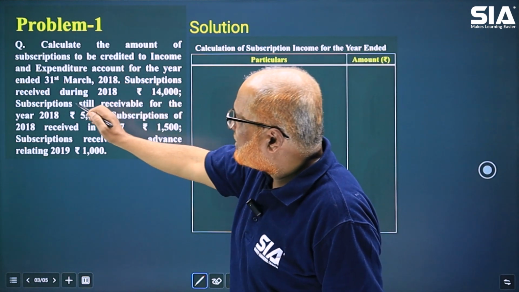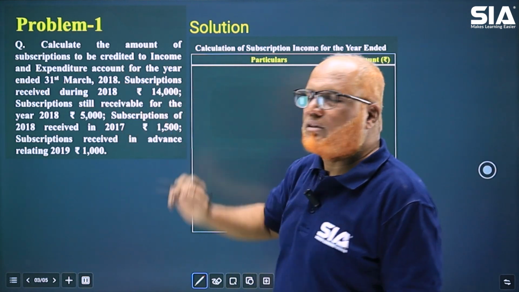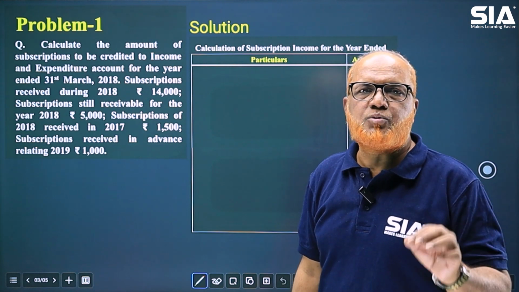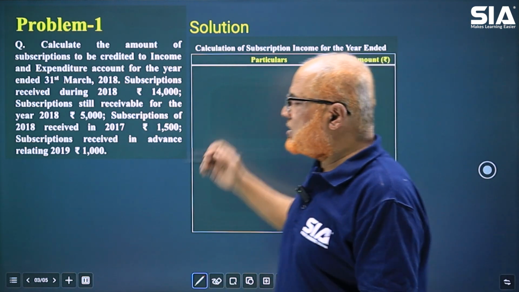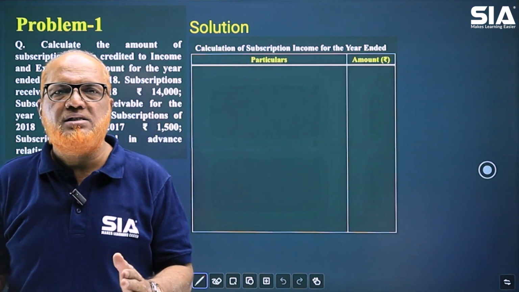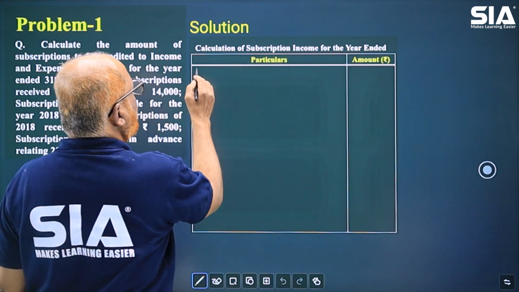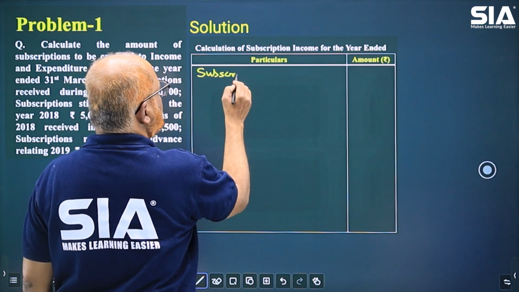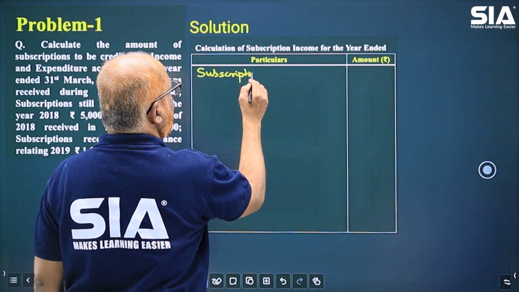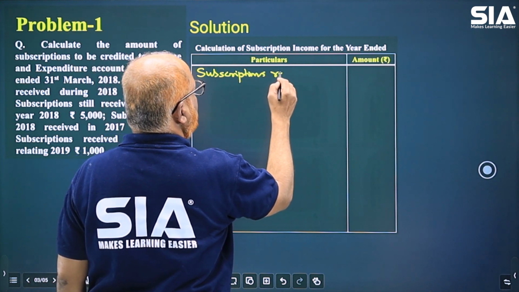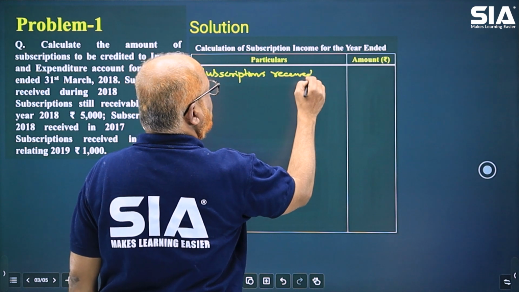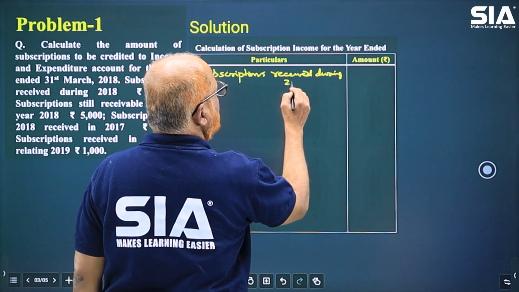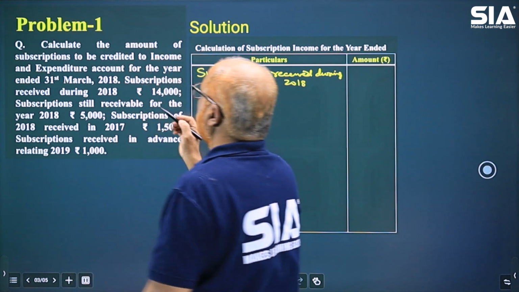Now, subscription received during 2018, 14,000. Our calculation should begin from subscription received. So here in the solution, I'm starting the answer with subscription received during 2018, the current year 2018.